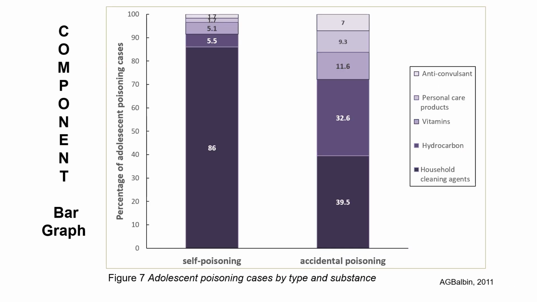The component bar graph is preferable over pie in situations where the compositions of two or more groups are to be compared. In this example, there were more of household cleansing agents ingested in self-poisoning and more of hydrocarbon ingestion in accidental poisoning cases.